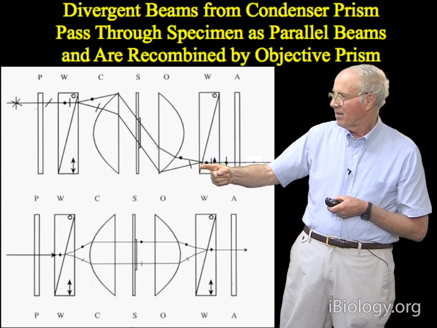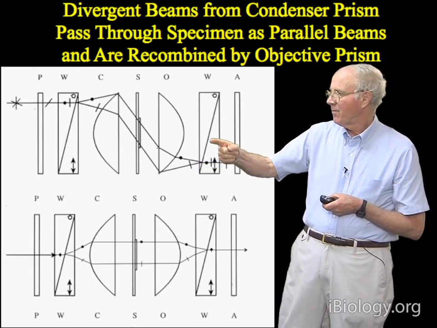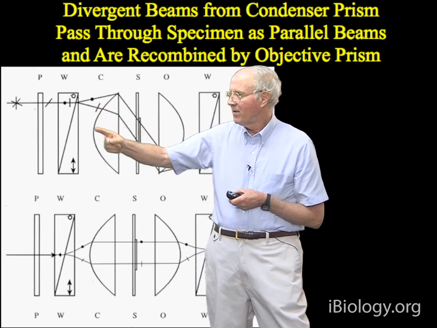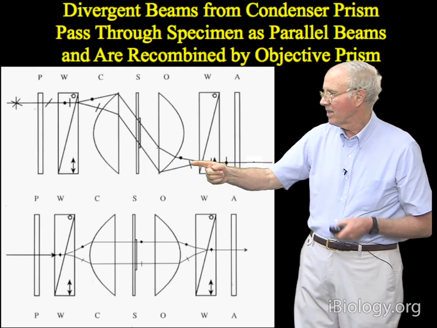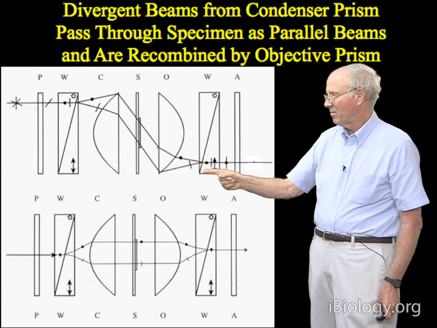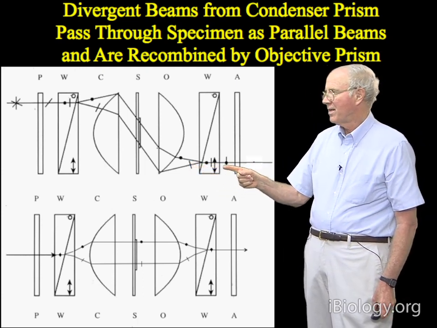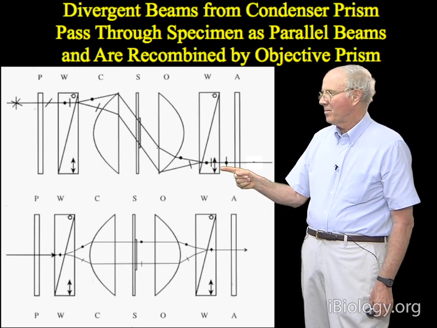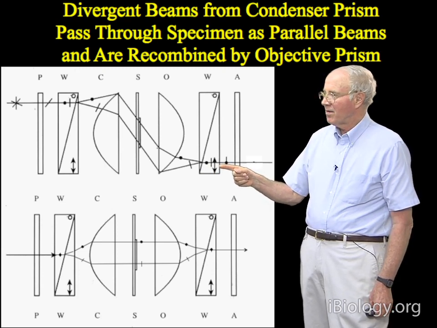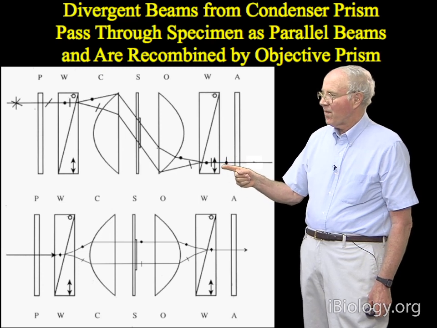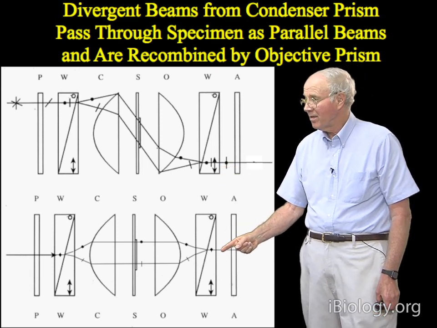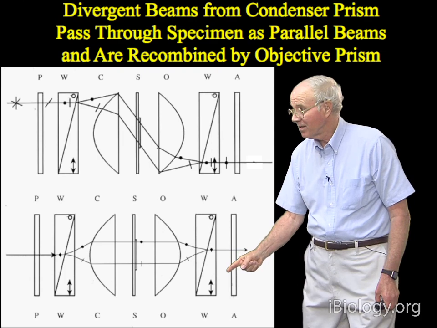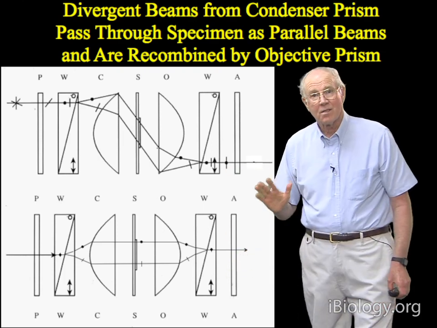What happened to the two beams up here, you get an equal and opposite effect here. And if everything is perfectly matched, the two beams will come out, although vibrating orthogonally to each other, exactly in phase with each other. This will be true for here, here, here, and here, if everything is equally matched.